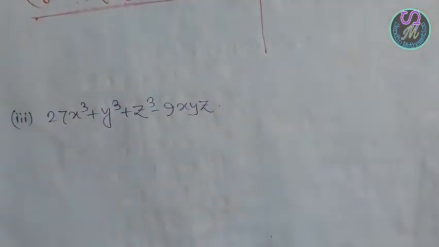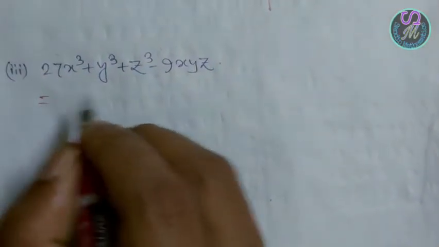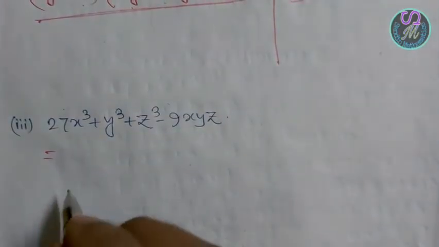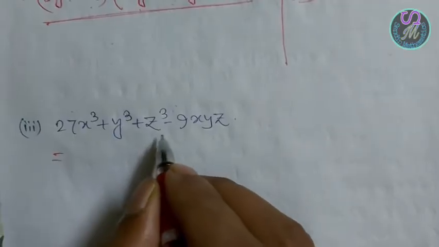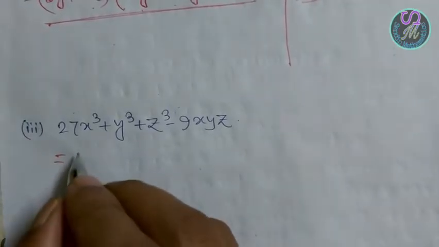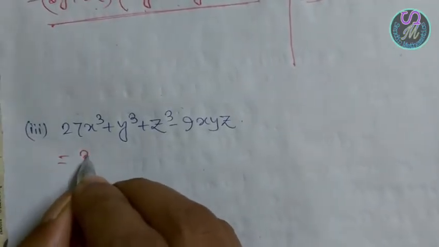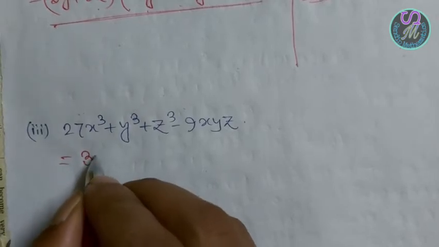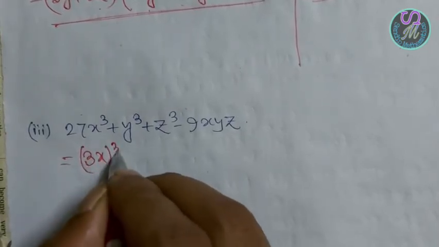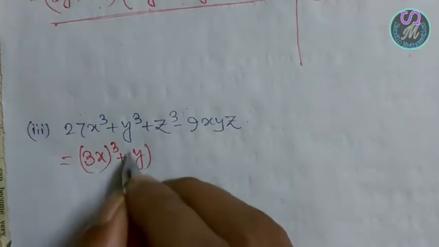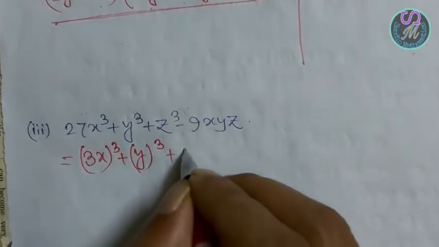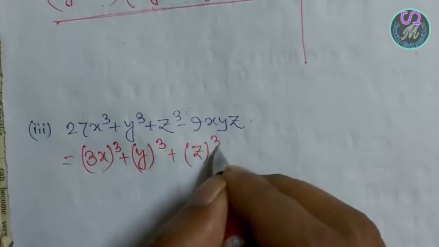And the last one is 27x cube plus y cube plus z cube minus 9xyz. So 27 is 3 cube, that means 3x whole cube. Then y cube means y whole cube, plus z cube means z whole cube.